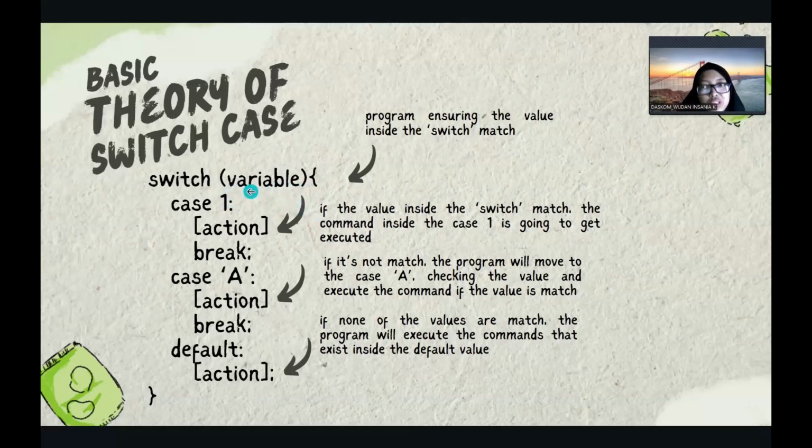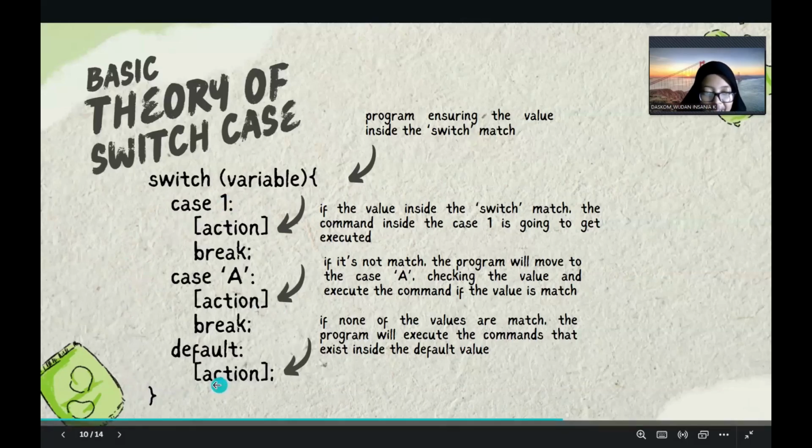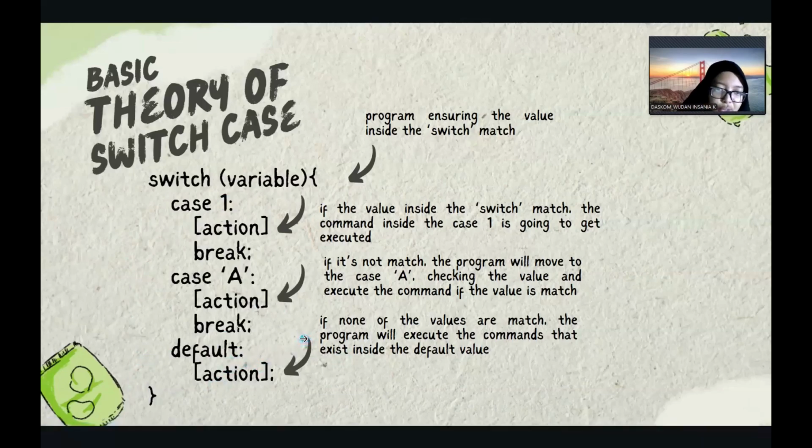So 1 is not equal to 2, and case char A is not equal to 2. So case 1 and case char A will not get executed. So it's going to get the default action. Because 2 is not the same as 1 and char A, it's going to get the default, and the action inside the default case will get executed.